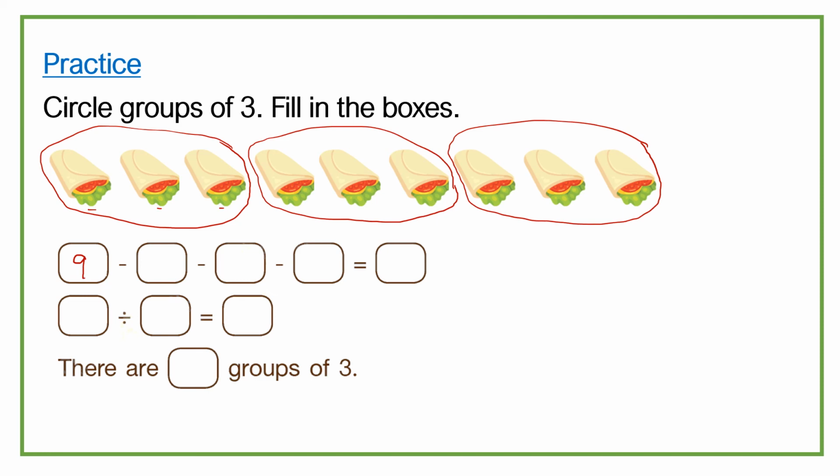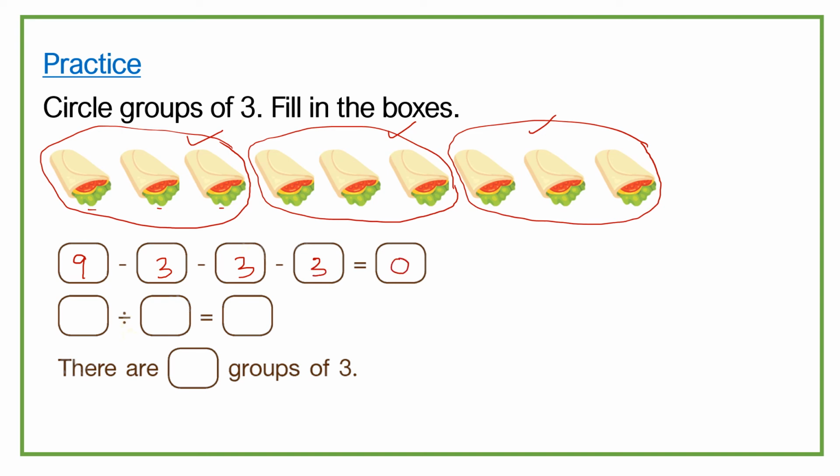Okay, so 9, if we take away 3, we will remain with 6, and 6 we take away 3, we remain with 3, and now 3 we take away 3, we remain with 0.